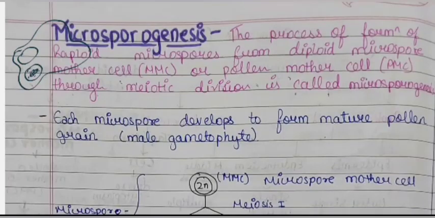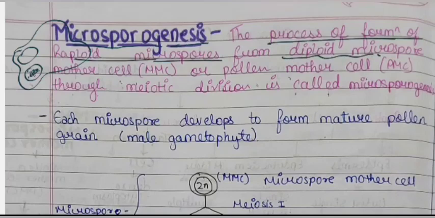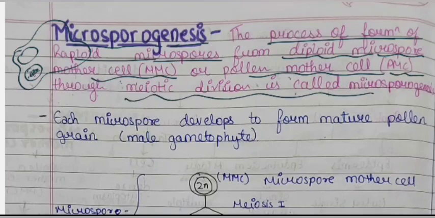Now if we talk about microsporogenesis, it is the process of formation of haploid microspores from the diploid microspore mother cell or pollen mother cell, that is PMC, through meiotic division. As we have seen, the sporogenous tissue present here consists of pollen mother cells, in which meiotic division takes place, and with the help of this division, haploid microspores are formed.